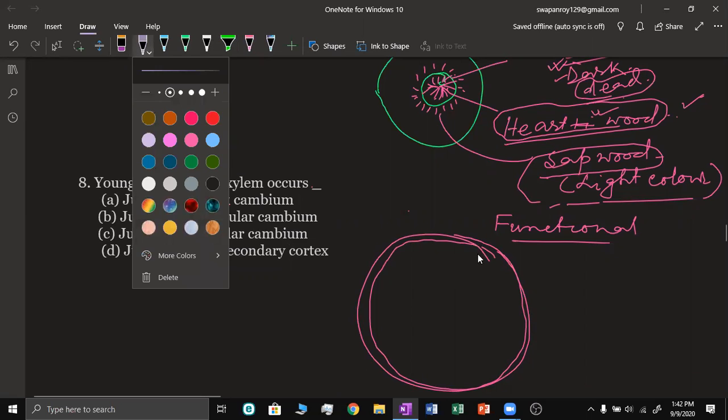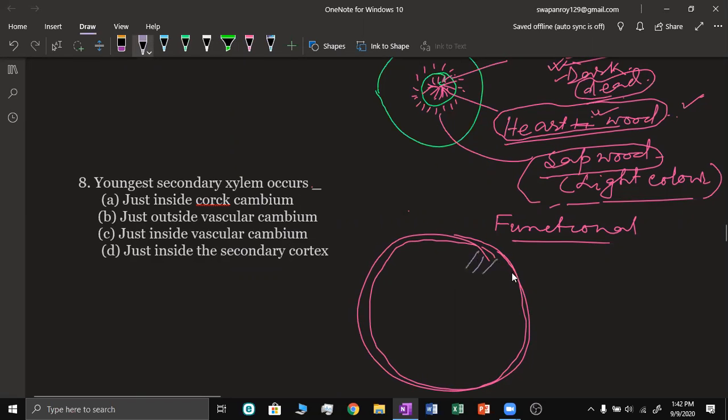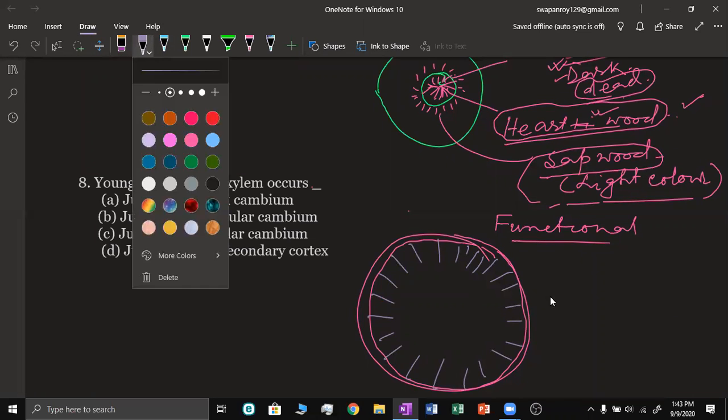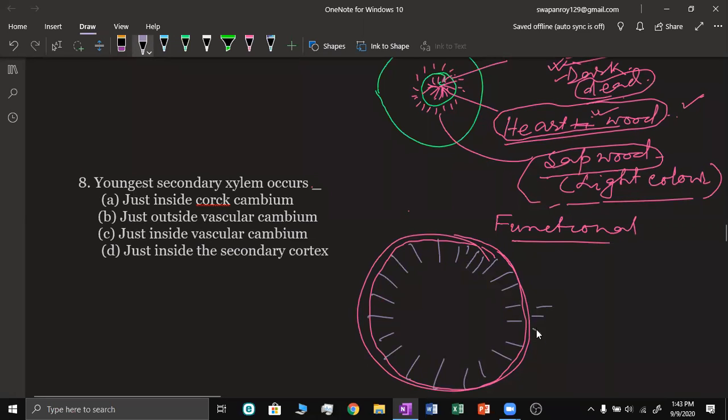this is xylem, recently formed, and outside this side is phloem, this is secondary phloem, this is secondary xylem.